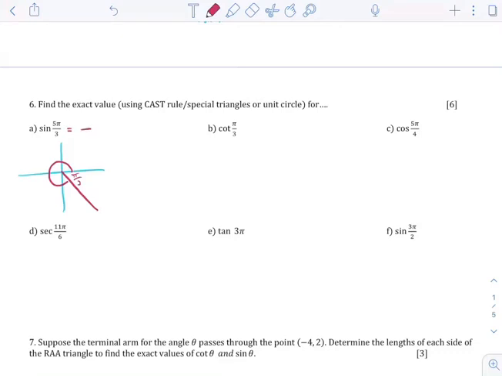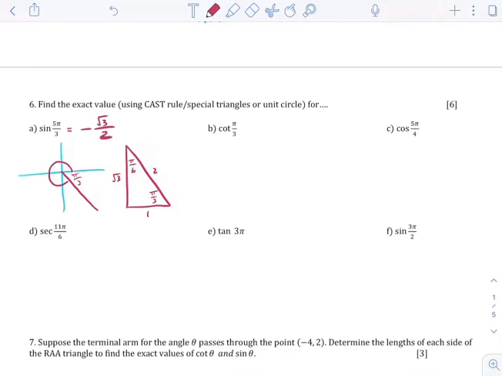And I've got to find out what is the exact value for sine if we're using a special triangle with pi over 3. Pi over 6, we had root 3, we had 2. Whoops, no, we have 1 and 2. So for this one, the opposite over the hypotenuse for sine is root 3 over 2.